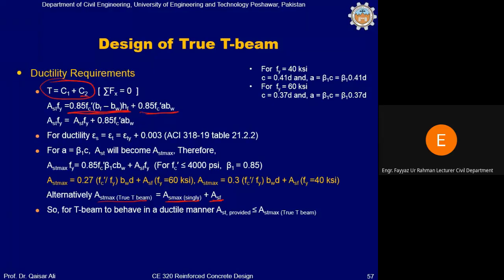Okay, if we replace a with, what was the value, if you remember, I think for grade 40 it was 0.31 d। जो भी हो, आप वो मेरे ख्याल में याद होगा, वो आप यहाँ पर पुट करें। सो योर AST will be AS max। ओके, तो यहाँ पर अगर हम पुट करें, if we divide all these terms by fy, so this will give you the maximum reinforcement for singly reinforced beam, and this will give you the ASF जो कि ऑलरेडी हम कैलकुलेट कर चुके हैं, 0.85 fc prime (b effective minus bw) hf divided by fy। क्लियर है ना?